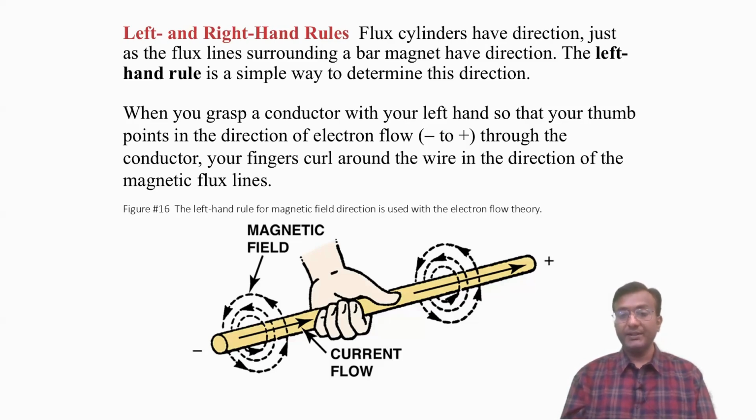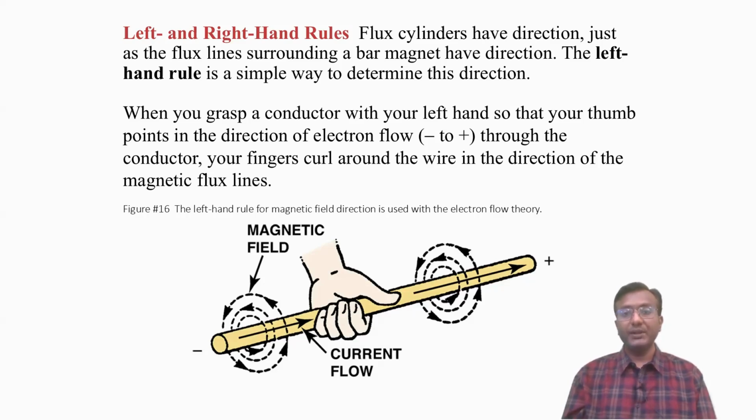So what is this phenomena that we will see? Now consider flux cylinders which have a particular direction, just like the flux lines around a bar magnet. The left hand rule is a simple way to determine this direction.